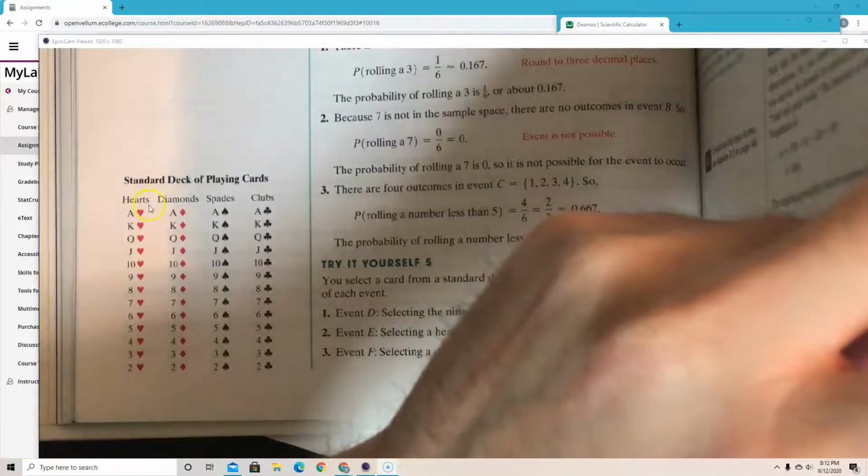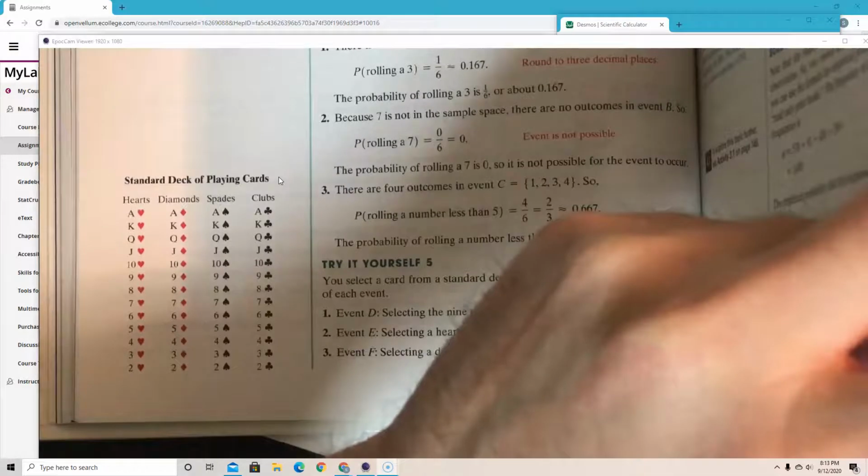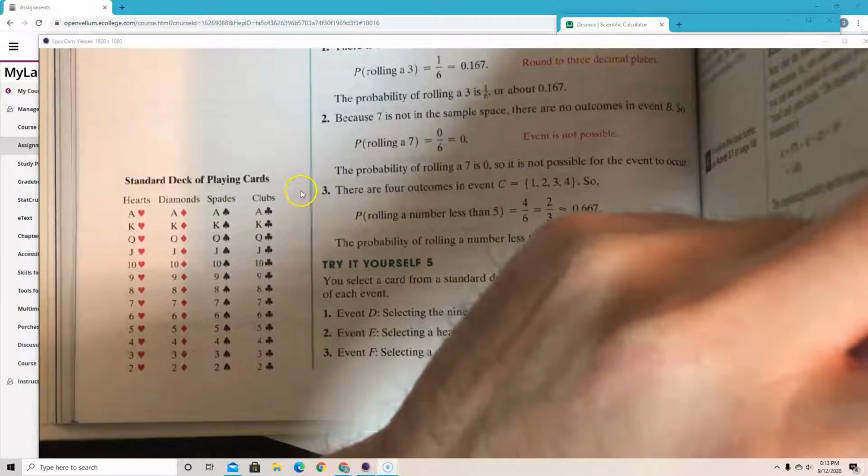So here, class, here's a picture of the standard deck of playing cards. And this is on page 134 of your textbook or your e-textbook. Or you could just search it on a browser: standard deck of playing cards.